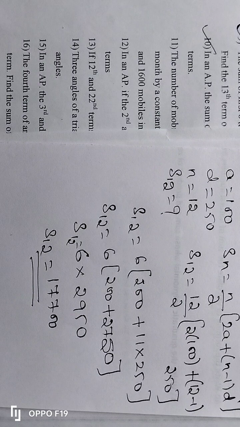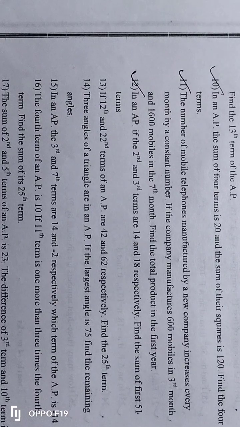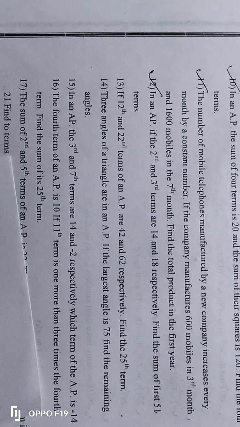Therefore, in a year, totally 17,700 mobiles are manufactured in 1 year, that is in 12 months. So let us go for the next, the 12th question.